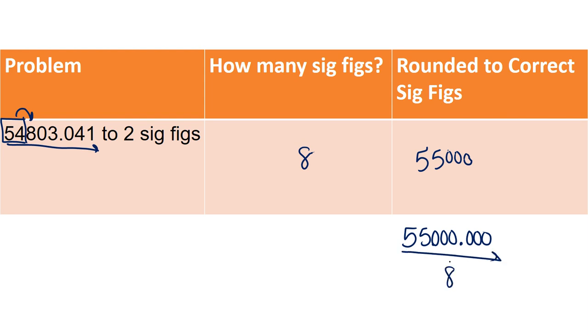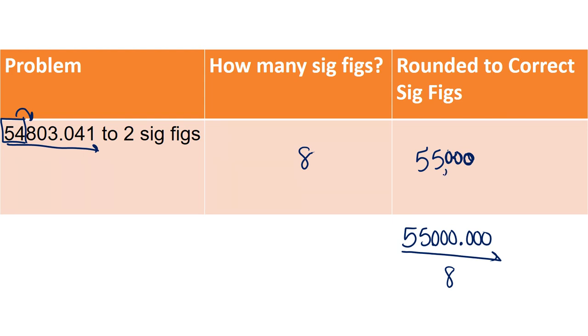That would keep 8 significant figures. So the decimal part of this example is going to get washed away. So again, we have to keep those important place values here to the left of the decimal, but what is to the right needs to disappear. So again, we don't have significant figures in that. So it just rounds off to 55,000.